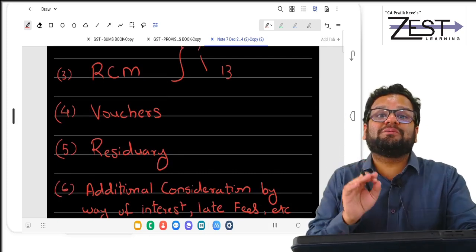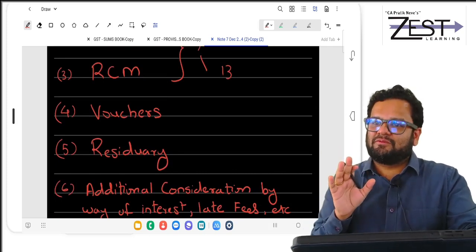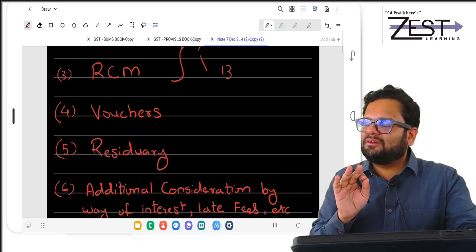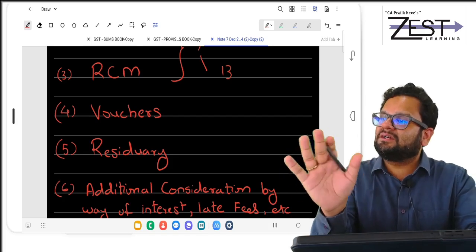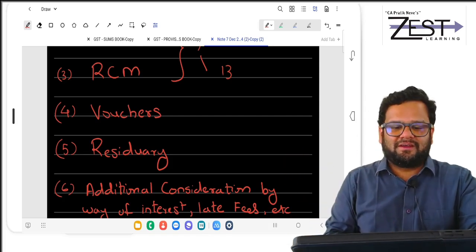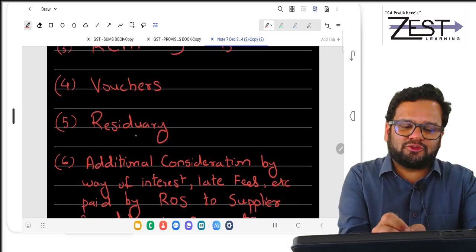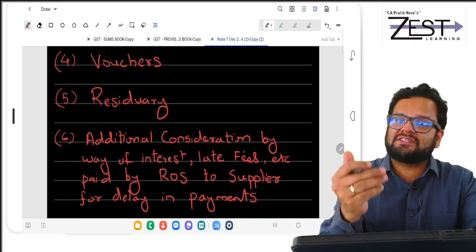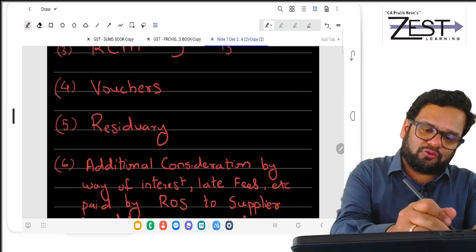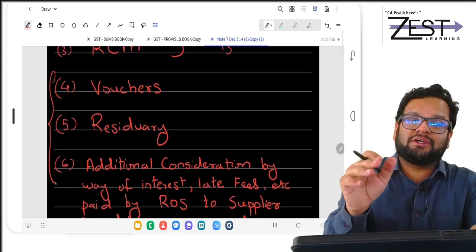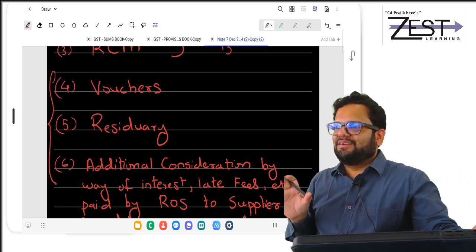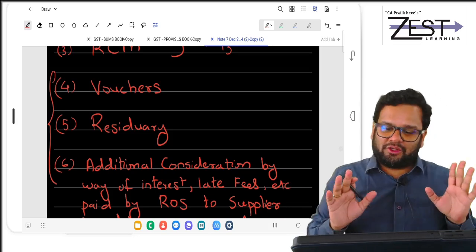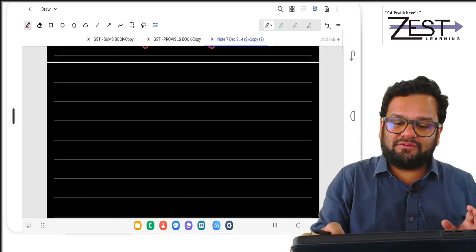Vouchers have a common provision, so we will mix 12 and 13. Residuary has a common provision and additional consideration has a common provision. So 4, 5, 6 we have to study together for 12 and 13. Understood? So let's start with 12.2.